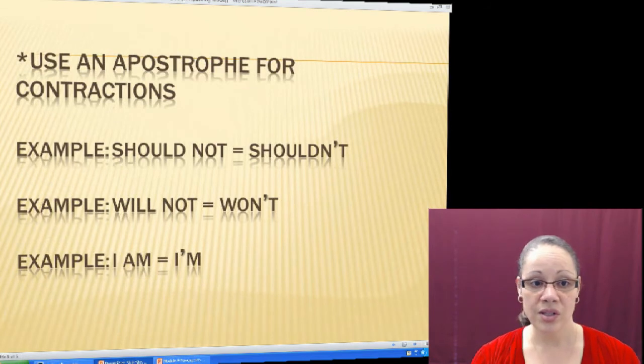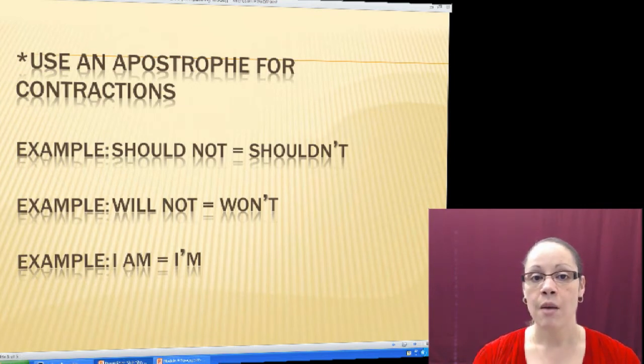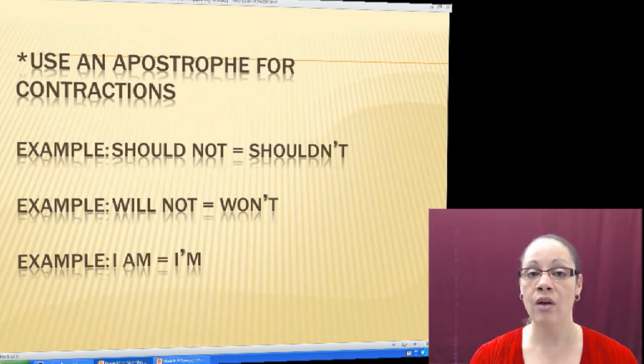You can also use an apostrophe for contractions. Now, I don't recommend you get in the habit of using contractions in formal academic writing, because a lot of times in composition courses, the instructor or professor won't allow students to write using contractions or abbreviations. However, I do have to introduce this to you, so you can use an apostrophe to show you have a contraction of a word or two.